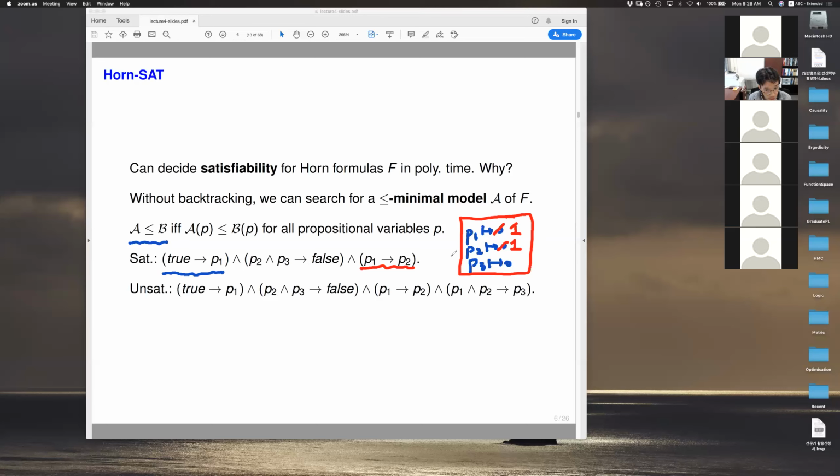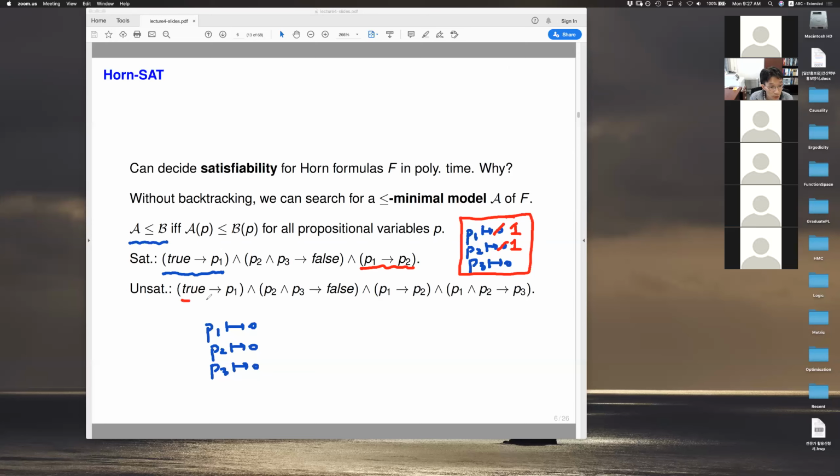Now let's repeat the same thing for the second case. In the second case, we set P1 to be equal to 0, P2 to 0, P3 to 0.